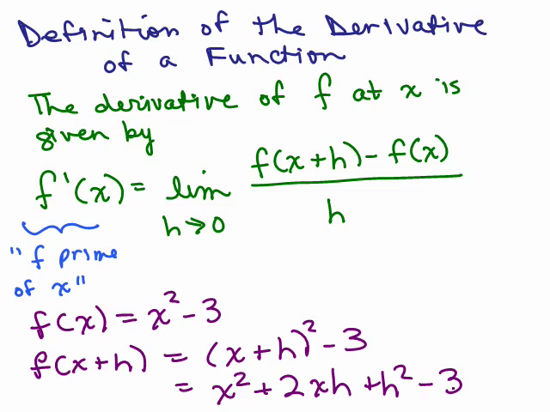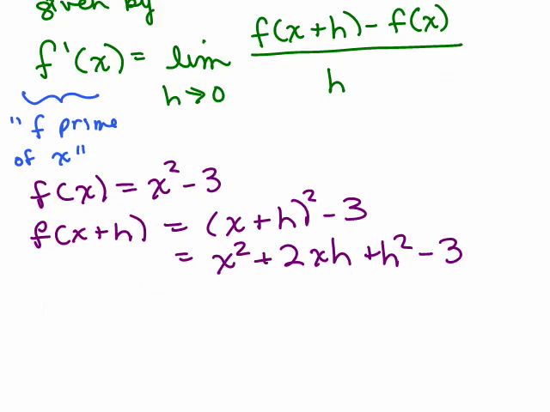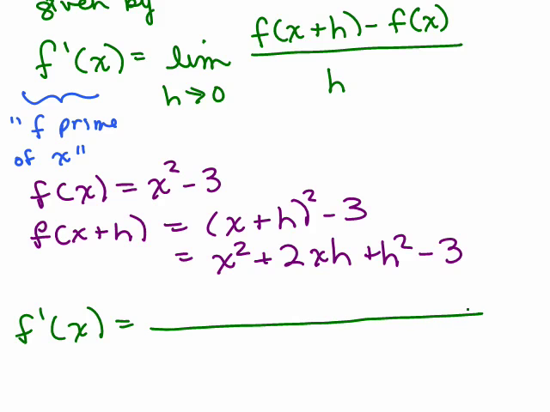So we know f of x, we know f of x plus h. Now we're going to plug that into the formula to get the derivative. So we've got f prime of x is equal to, oops, I forgot, it's got to be the limit.